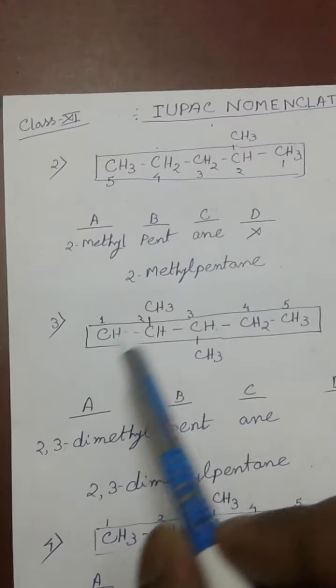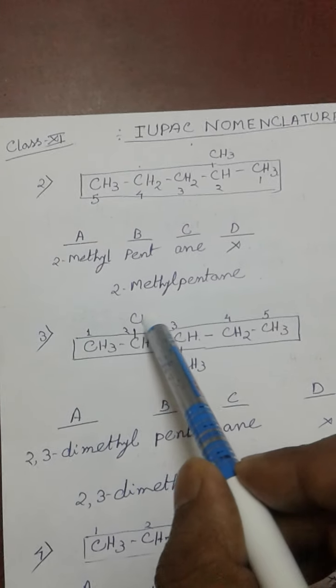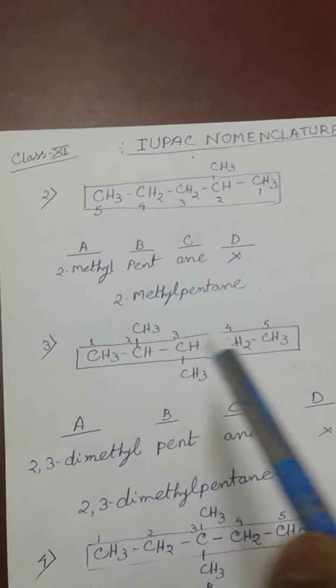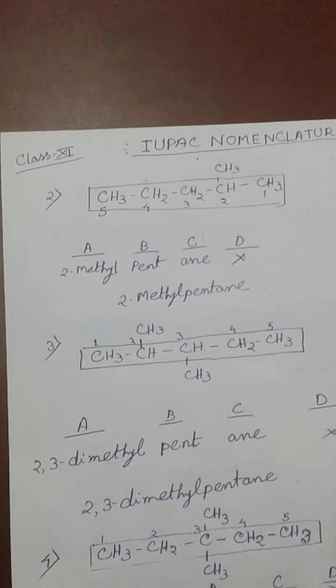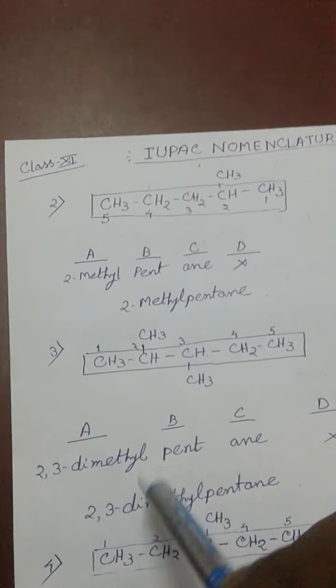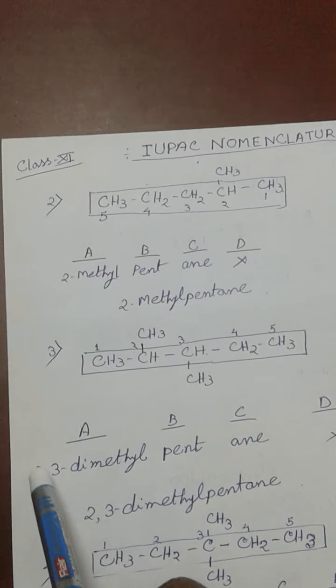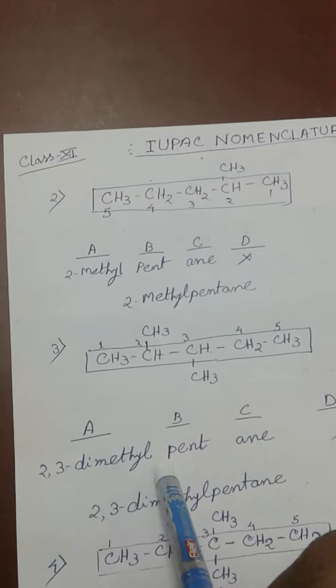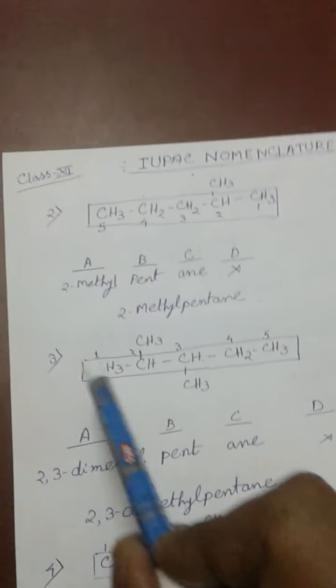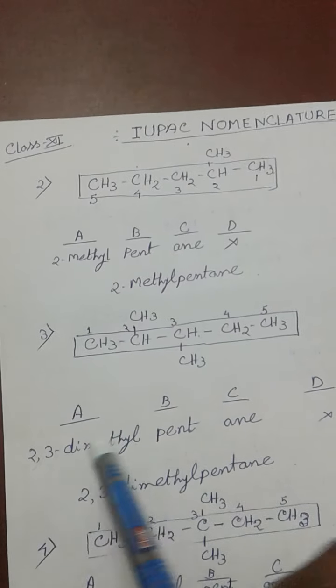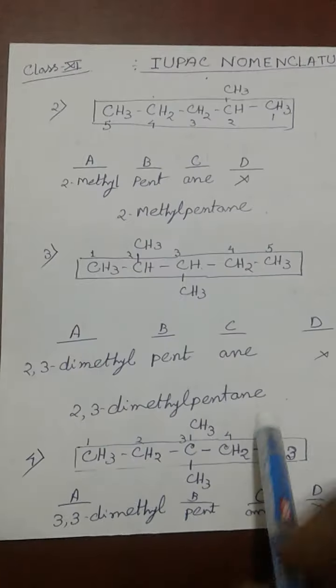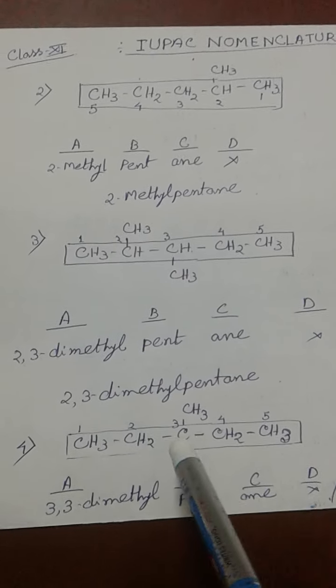So this is 2 and 3, and as 2 methyls are present, we must write the prefix di before methyl, the name of the side chain. So this is 2,3-dimethyl, and the main chain has 5 carbons, so it is pentane, so 2,3-dimethylpentane.